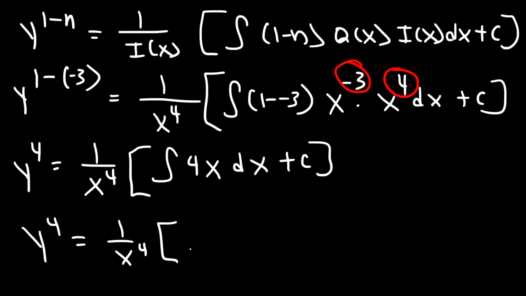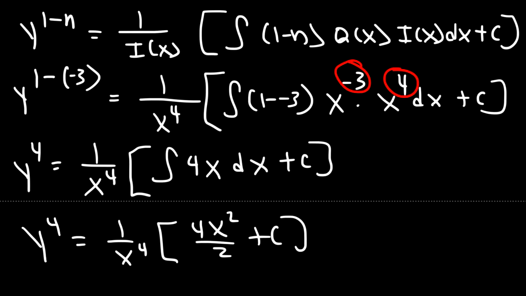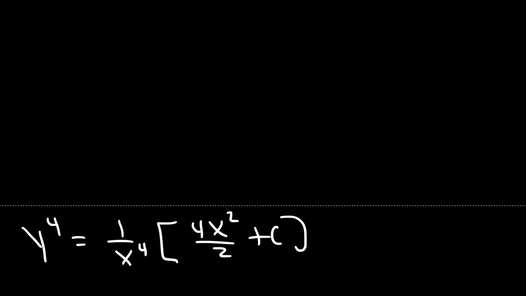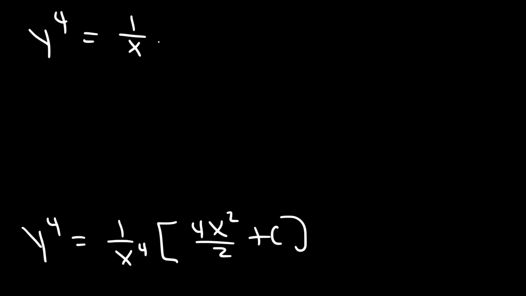The antiderivative of 4x is going to be 4x squared divided by 2. And 4 divided by 2 is 2. So we have 2x squared plus c. Now we need to distribute this term.